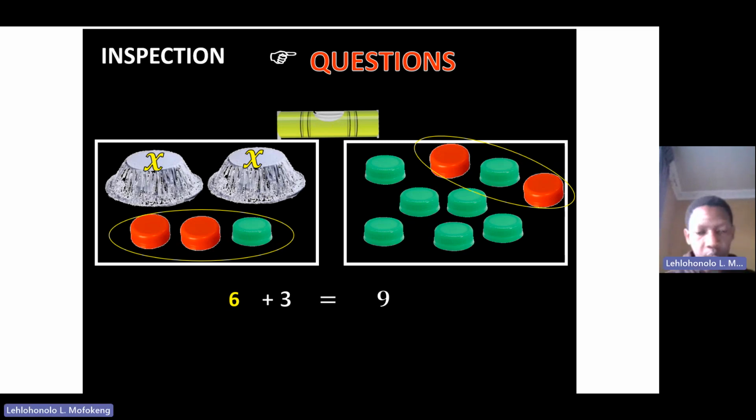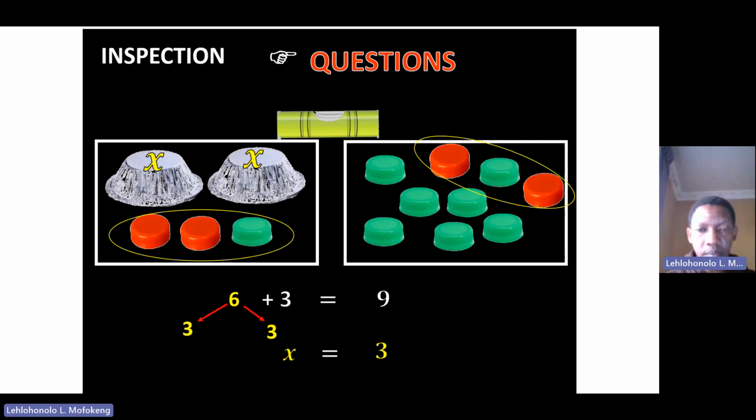And then we move forward to say, which number, when multiplied by 2, will give us 6? There we go. That number will be 3. That simply means our x will be 3. That's when you actually solve the equation by inspection.